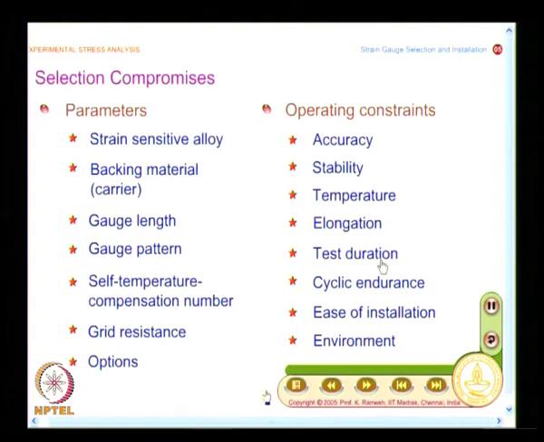Am I doing a dynamic test or am I doing in situ measurements, which requires monitoring over months and years.